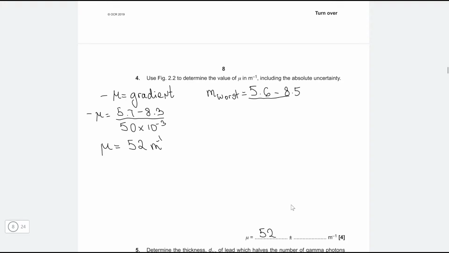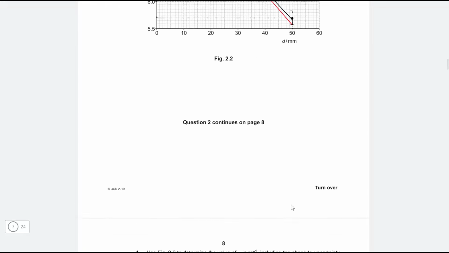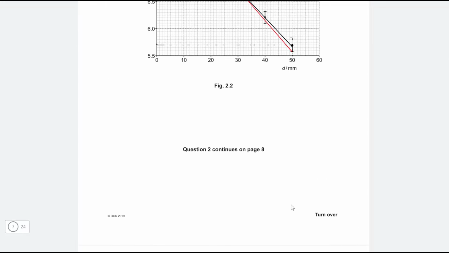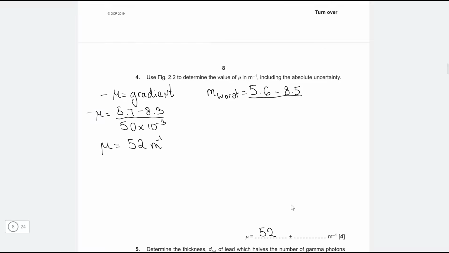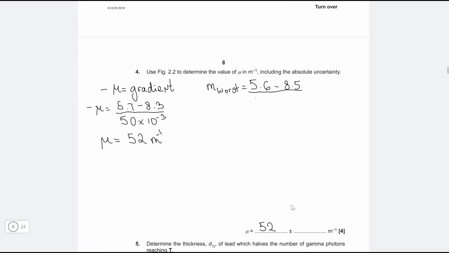I'm going to divide that by essentially the same number. So we're going from 0 to 50, so it's going to be 50 times 10 to the power of minus 3. Putting that into a calculator, we're going to get minus 58 m to the power of minus 1 for the gradient of the line of worst fit.